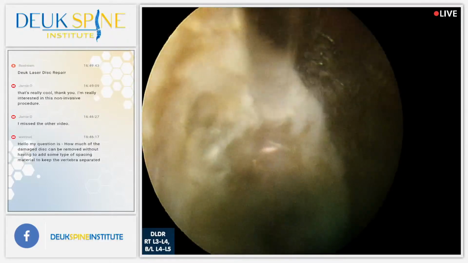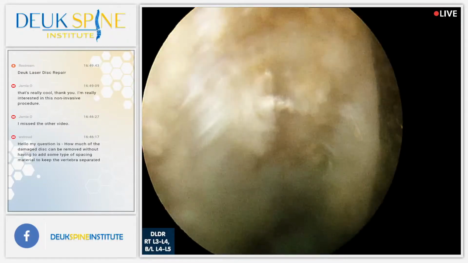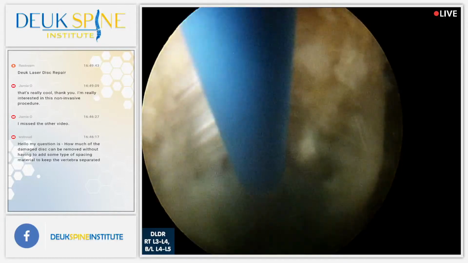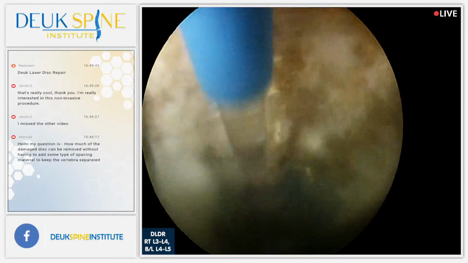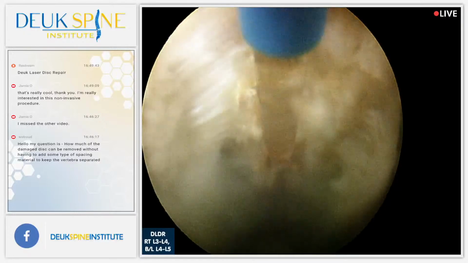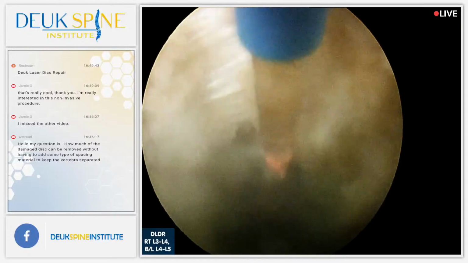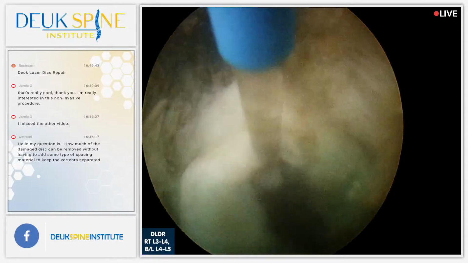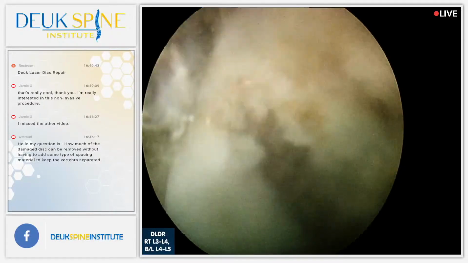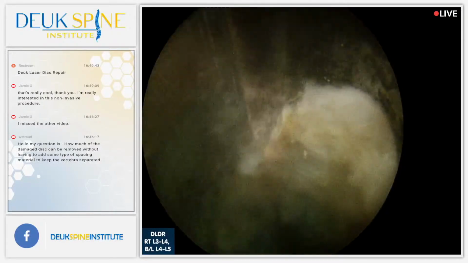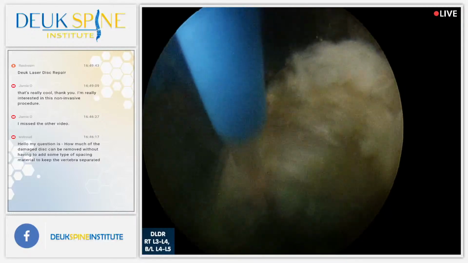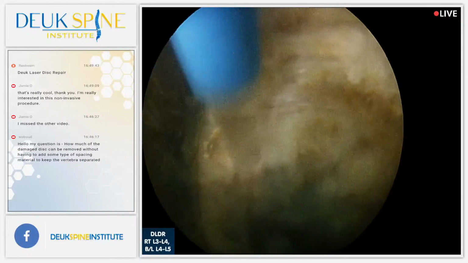And the stuff in the center of the disc is not a liquid. Whoever told you it's a liquid, well, they lied to you. The stuff in the middle of the disc called the nucleus pulposus is a solid. It's just kind of squishy and a little bit wet. It's got lots of water.